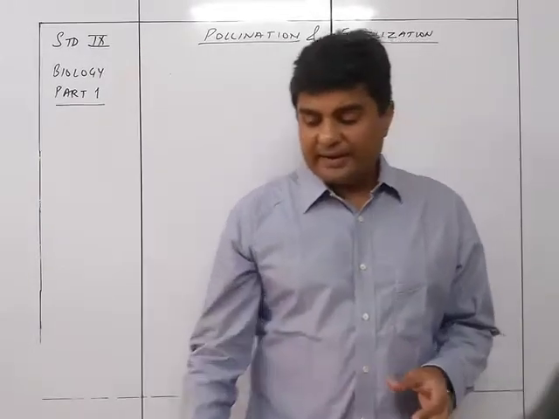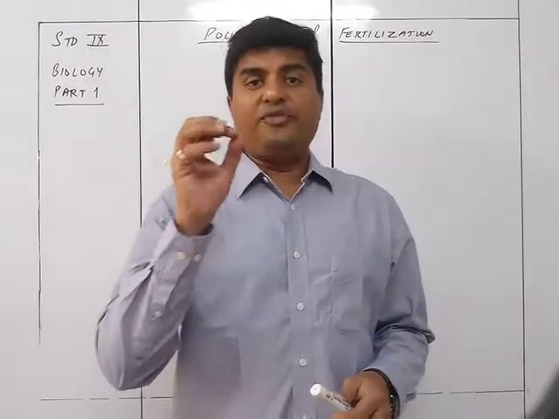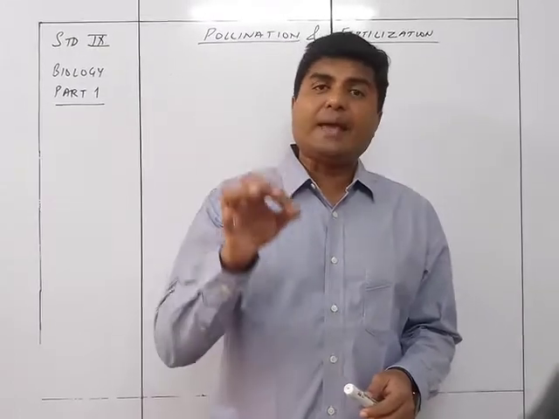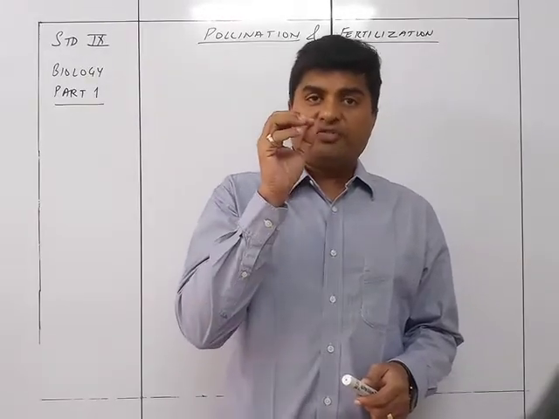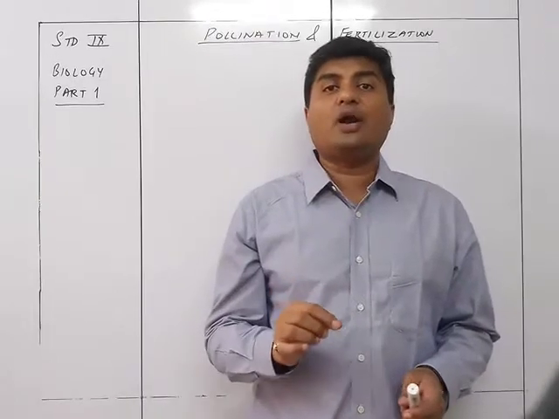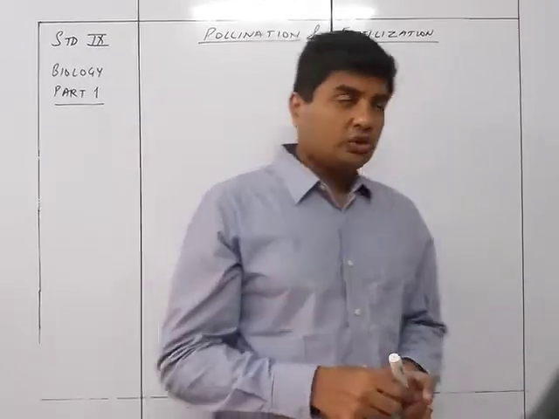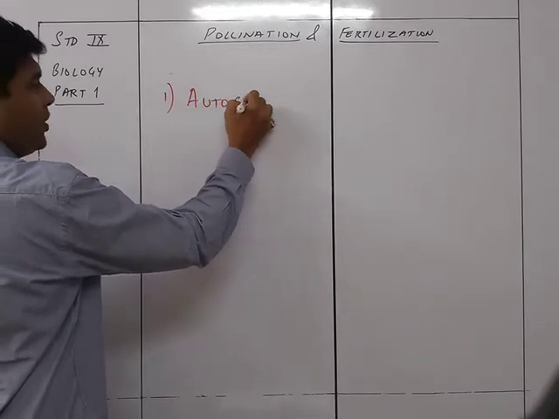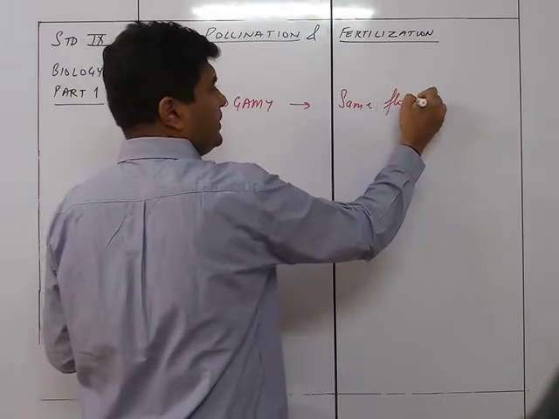The first one is the method in which the pollen grain of the flower settles on the stigma of the same flower. When the pollen grain of a flower reaches the stigma of the same flower, it is a kind of self-pollination called autogamy. So the first method is autogamy, which is between the same flower.